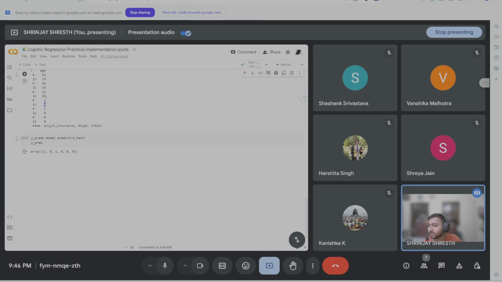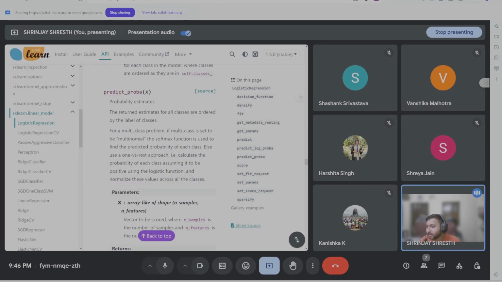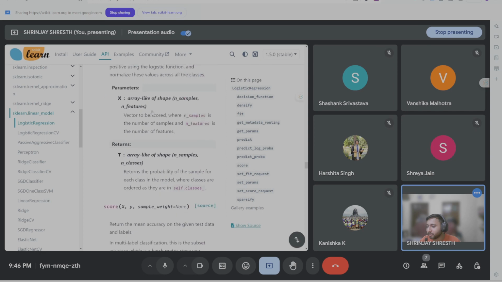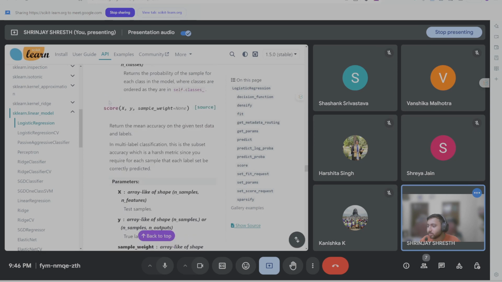So our model is working pretty nicely, but is there any way to see what score we get? There are some, let me show you here. We'll work with this predict probability. There is a score, which gives you the mean accuracy.